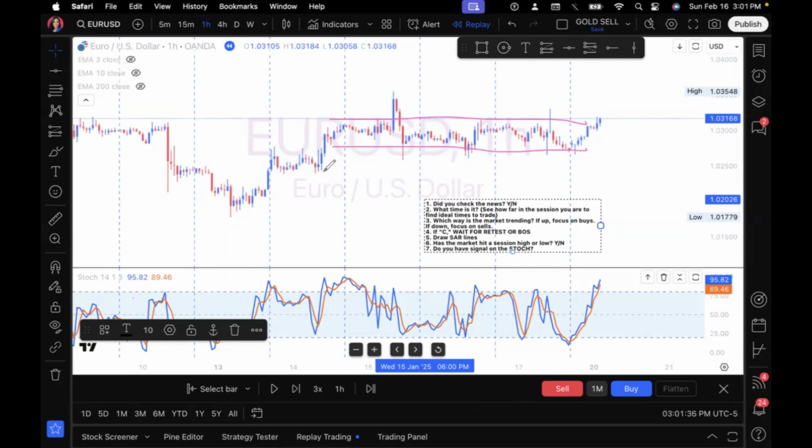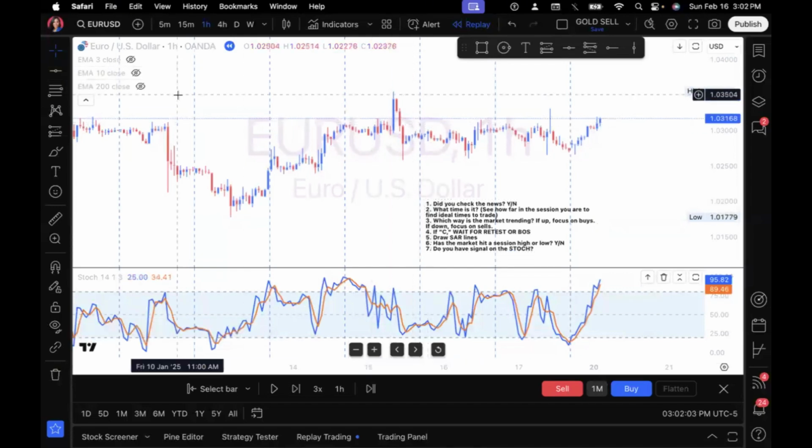A retest is exactly what it sounds like. If the market is revisiting the same area at the bottom, we look for buys. If the market is revisiting the same area at the top, we want to look for sells. However, if we get that break of structure, then we can focus on whichever way the market has chosen to go.